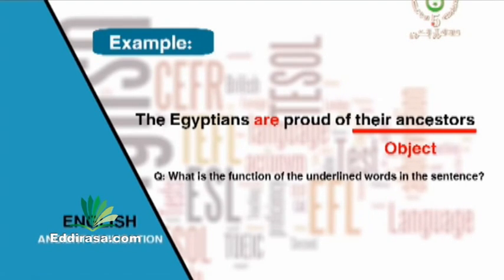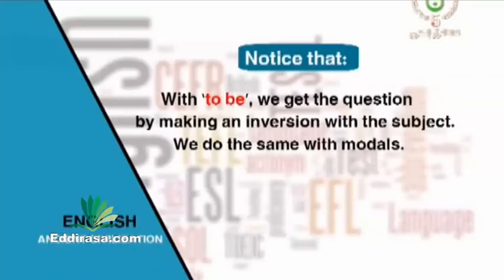So our question will be, who or whom are the Egyptians proud of? What did we do to get the question? Yes, we did an inversion between the subject, the Egyptians, and to be. So, with to be, we get the question by making an inversion with the subject.